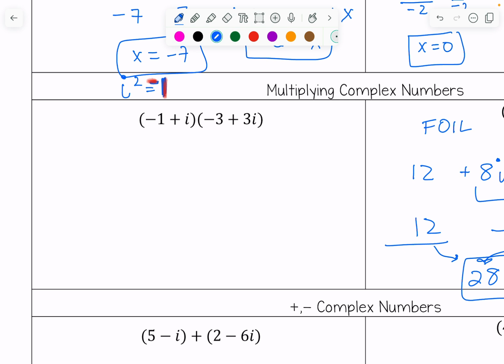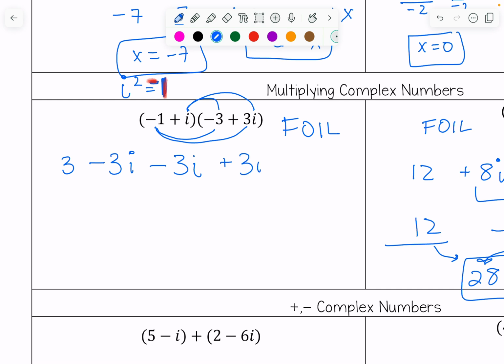Now, for these, you're going to go ahead and you're going to FOIL. So let's FOIL. Negative 1 times negative 3 is a positive 3. Negative 1 times 3i is negative 3i. Now I do the middles. i times negative 3 is negative 3i. And the last one, i times 3i is positive 3i squared.